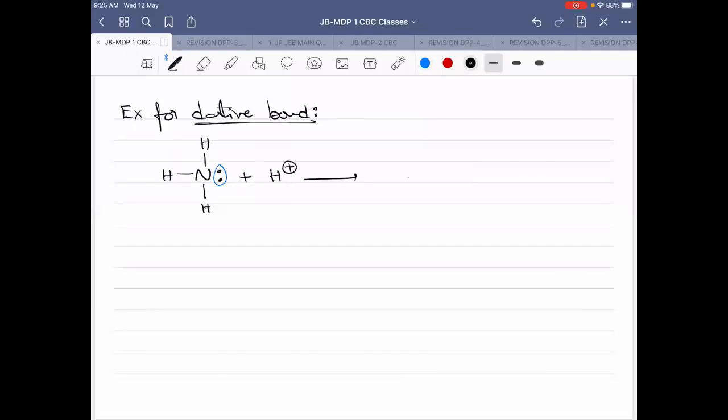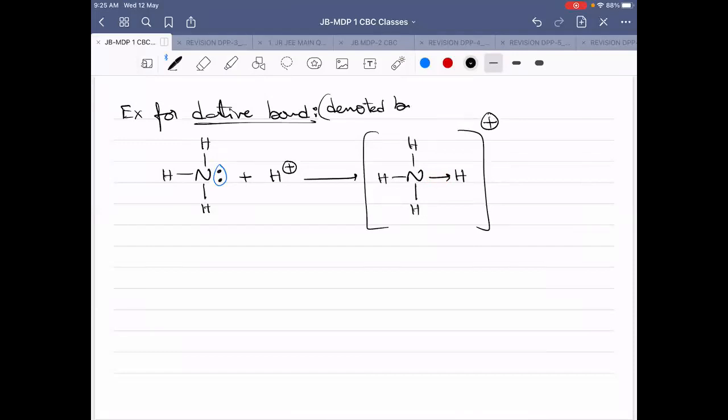It results in the formation of NH4+. This arrow indicates that a dative bond is formed between nitrogen and hydrogen. Got it? And overall, you can write the positive charge. Denoted by an arrow. Got it?